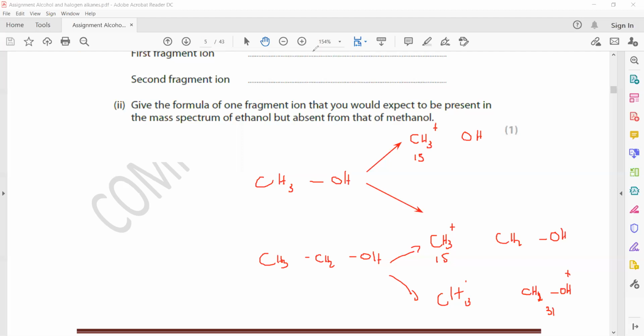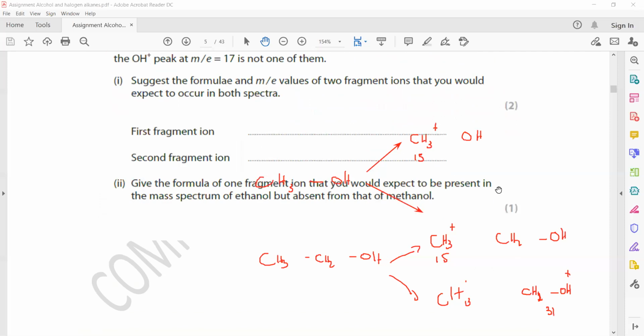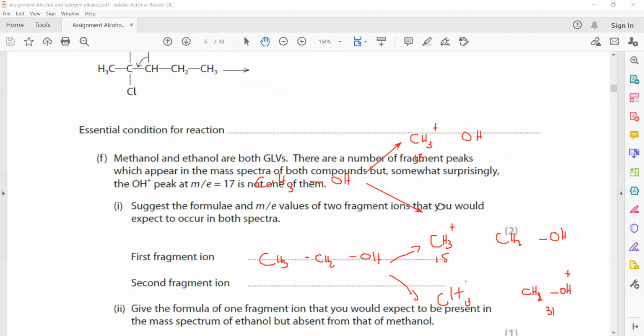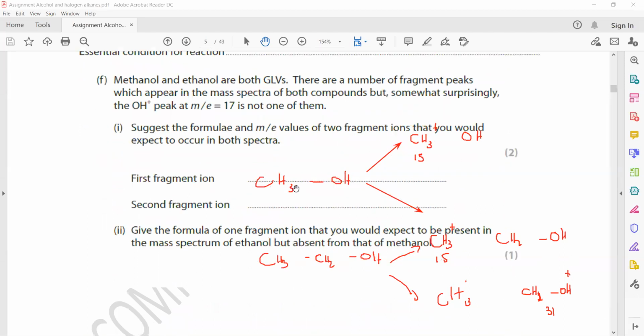So the possible fragments which we can have are 15 or 31, because we have to tell which will occur in both. So 15 can be there. For methanol, the whole molecule cannot be 31, but if one of the hydrogens is lost, carbon is 12 plus oxygen 16, 28, plus the hydrogens, it will be CH2O.